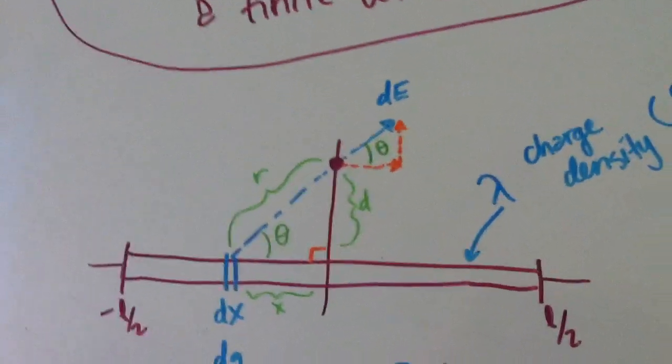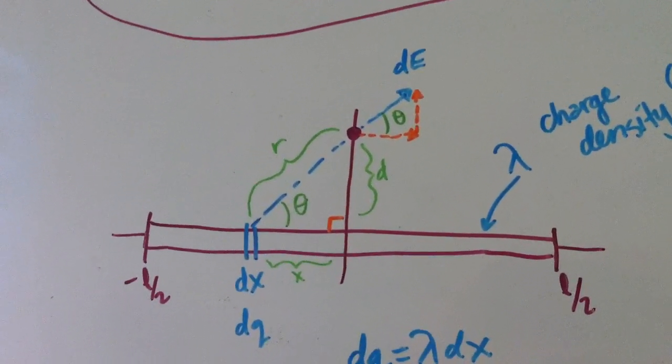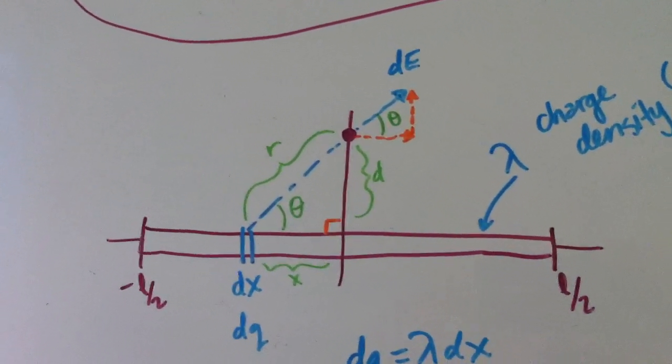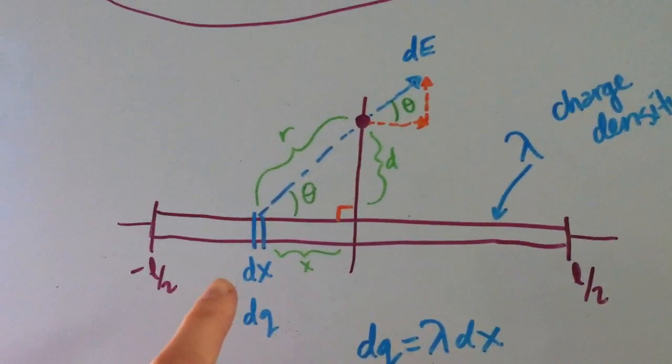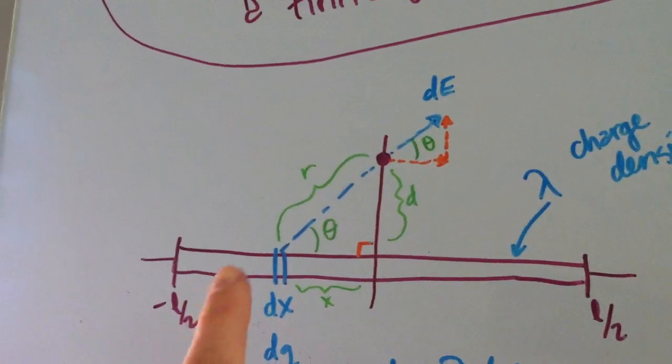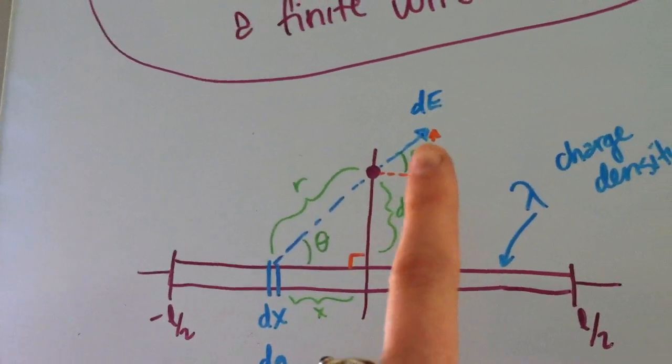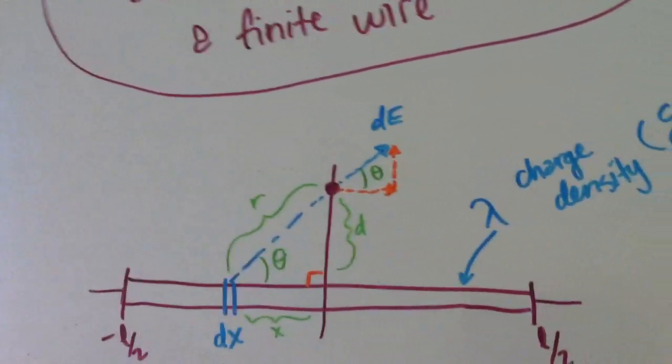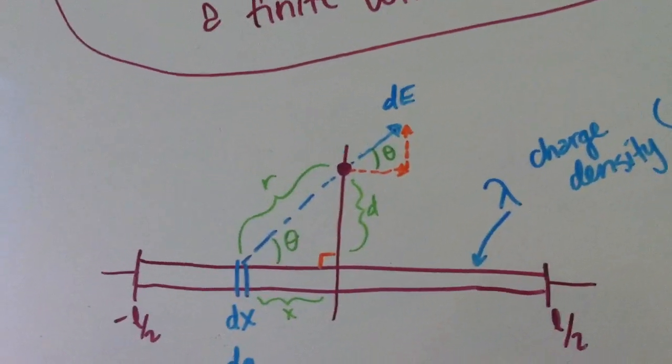Don't forget that part. And so if we take a very small sliver dx of the wire, and we say it has a very small charge dq, and we say that it exerts a very small electric field dE, you can see where this is going. We're going to get to some calculus later.